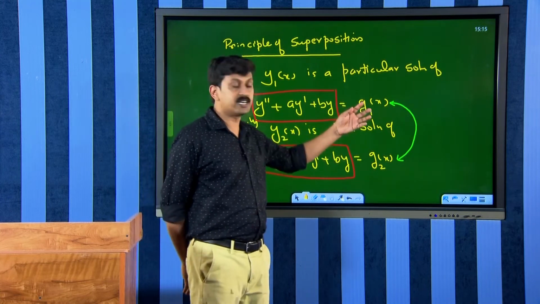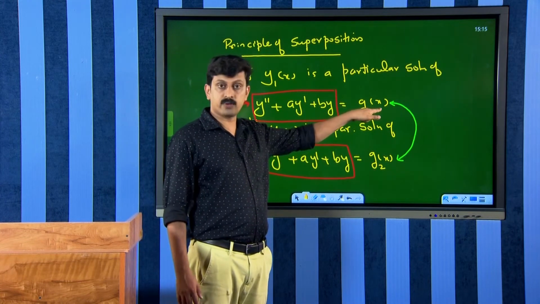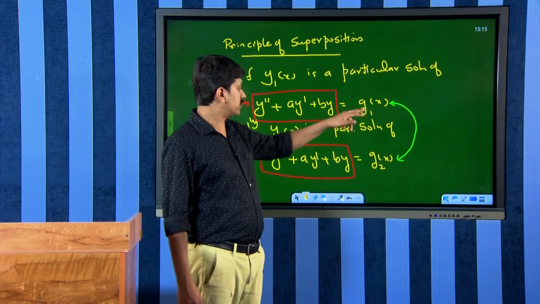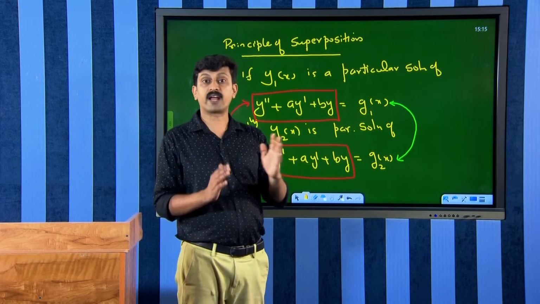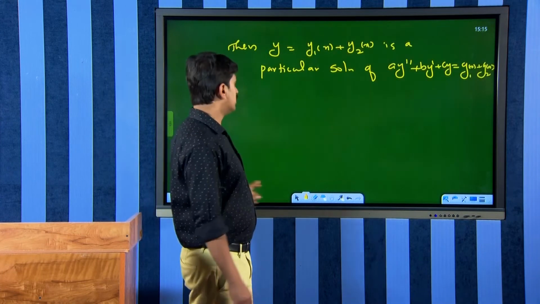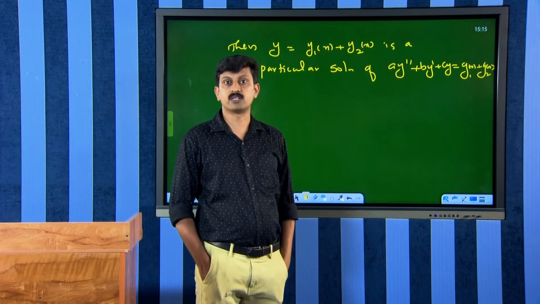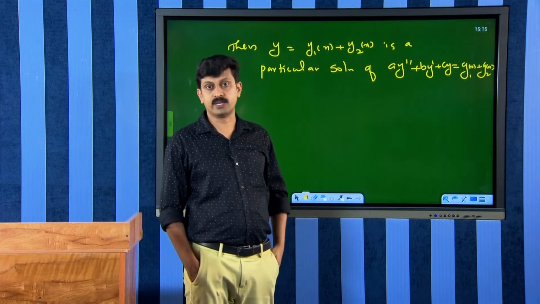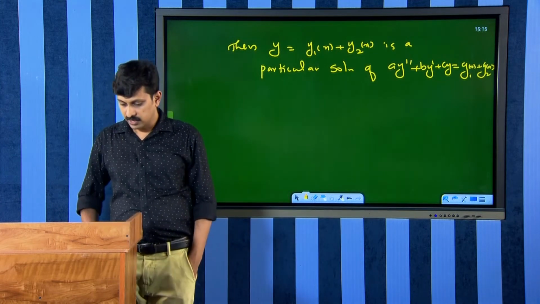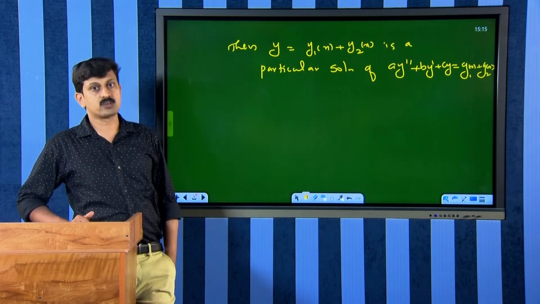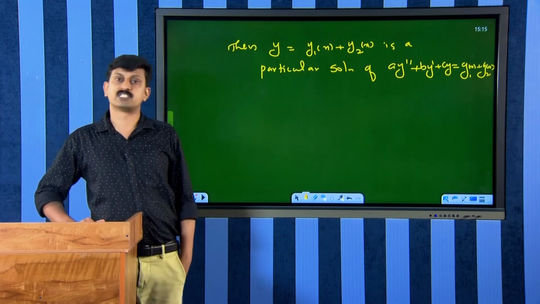After getting the particular solutions, y1 for this and y2 for this, the particular solution of this differential equation is their sum, y1 plus y2 is the actual yp. That is what the principle of superposition says.